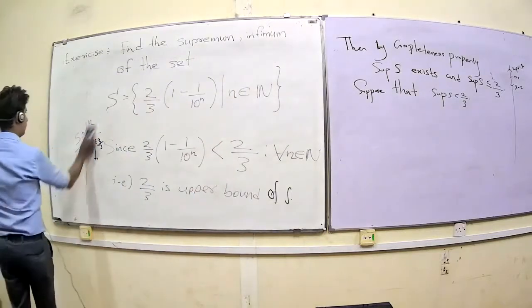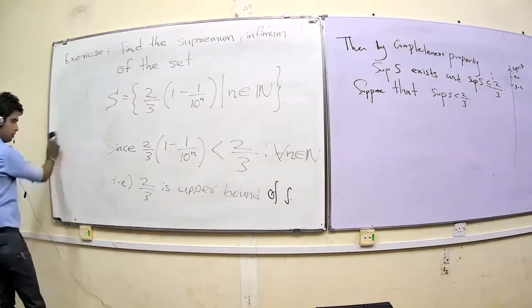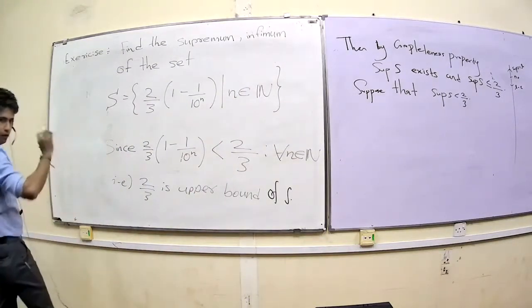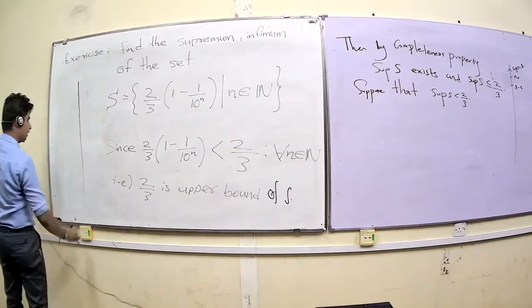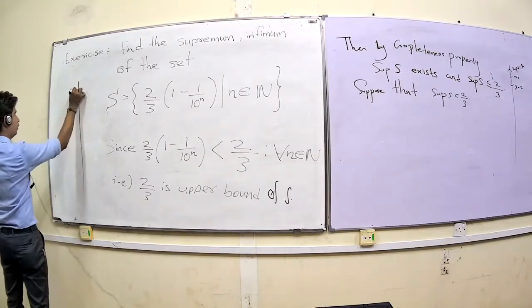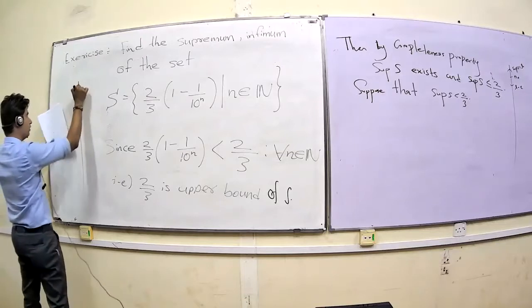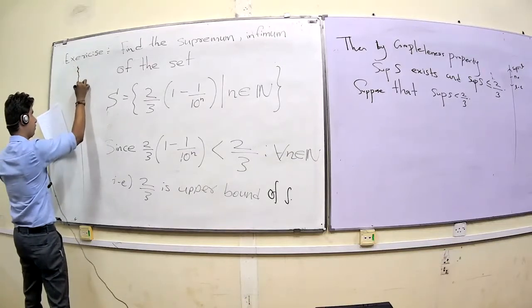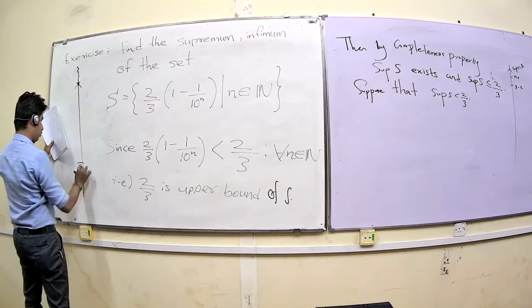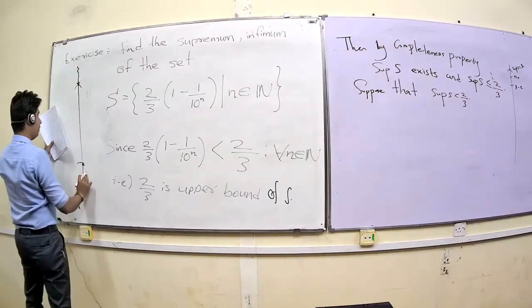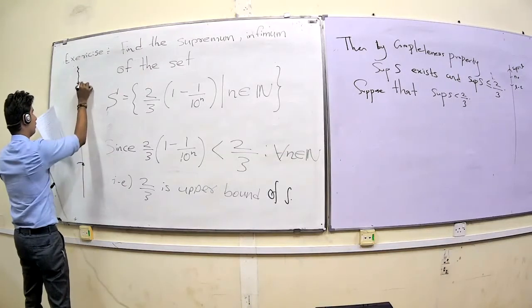In that part I mentioned this. The least upper bound is the supremum, and the greatest lower bound is the infimum.